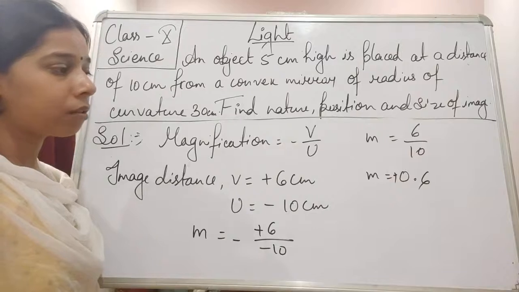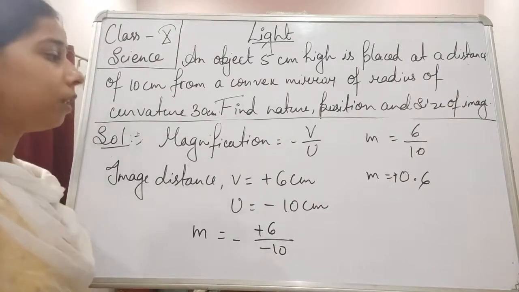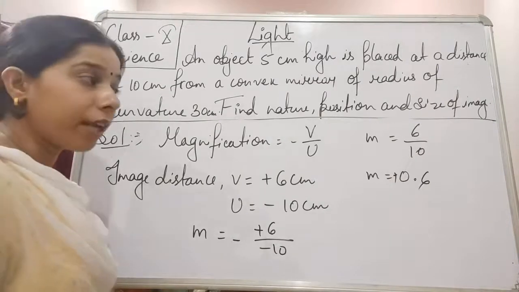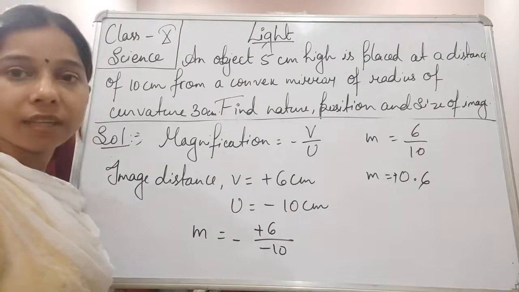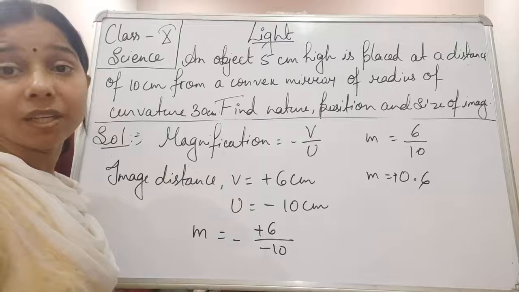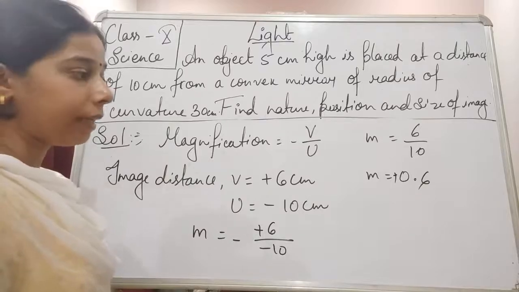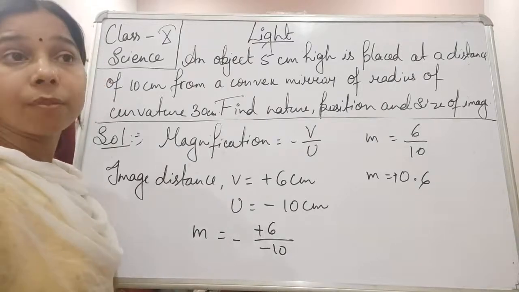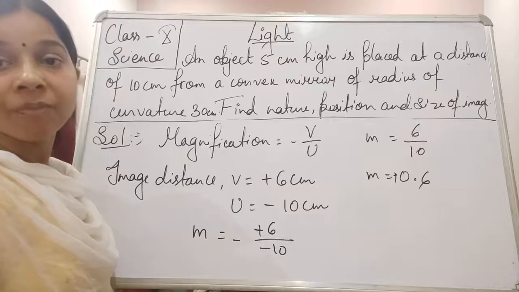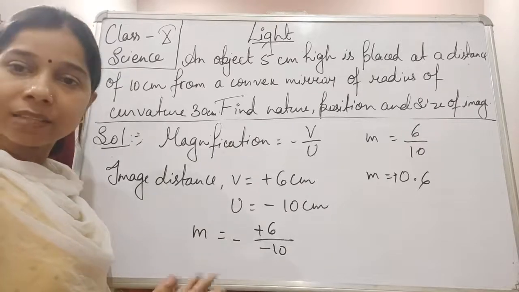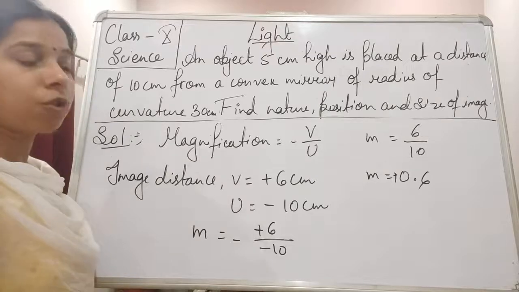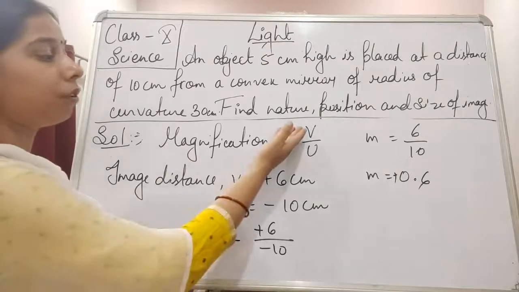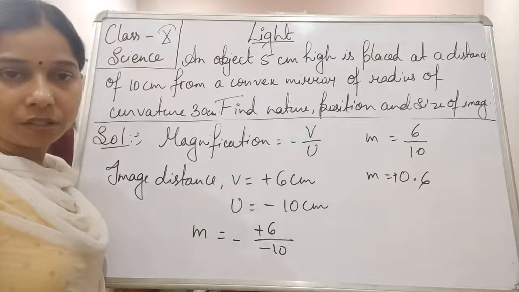Why are we doing this, students? We are doing this because H1, the size of the object, is given, but the size of the image is not given. In order to get that, we know the formula m is equals to H2 upon H1. Magnification is not given, and the height of the image is also not given. So first of all we have to find the magnification with the help of the object distance and image distance.